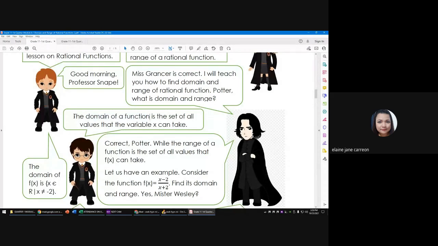So I repeat, the domain of a function is the set of all values that the variable x can take. They are a set of all values, meaning there are many of them, not just one value. Unlike solving rational equations, where there is only one answer, or at most two or three, here there are many.